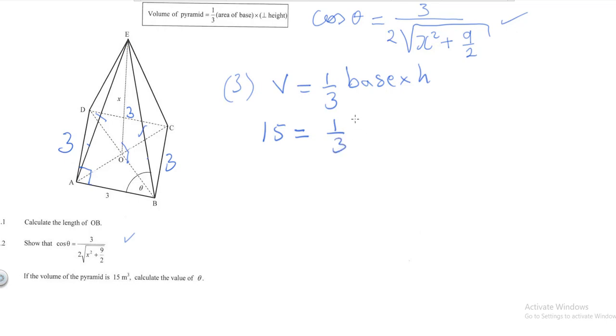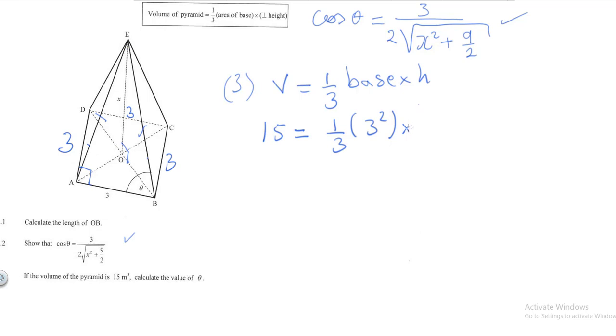What is the base? The base will be of a square, okay? Will be 3 squared. That is the base of a square. It is side squared. The area of a square is side squared. So we have 3 squared, okay? Multiply by the height, which is what?